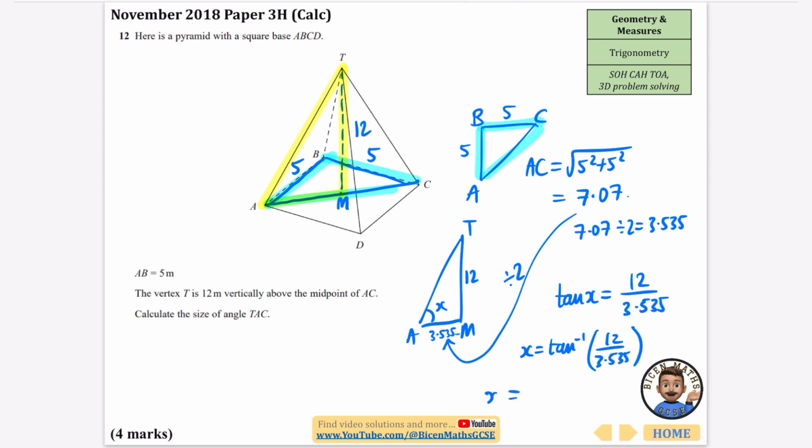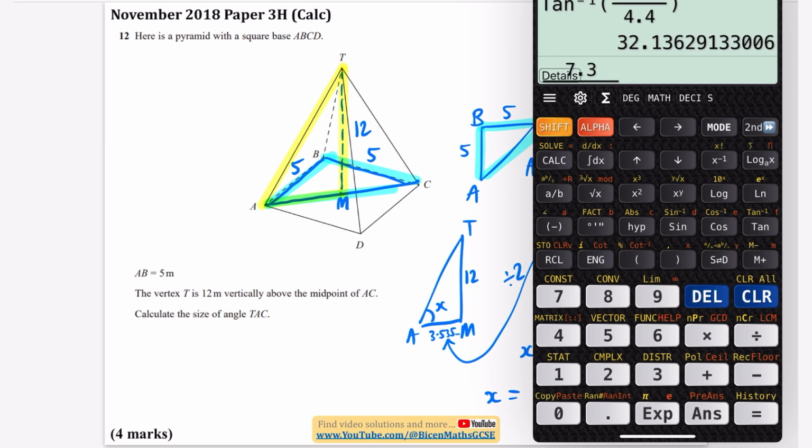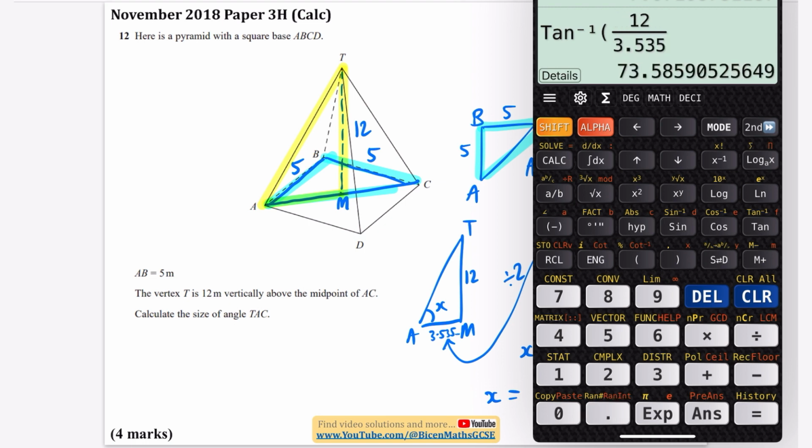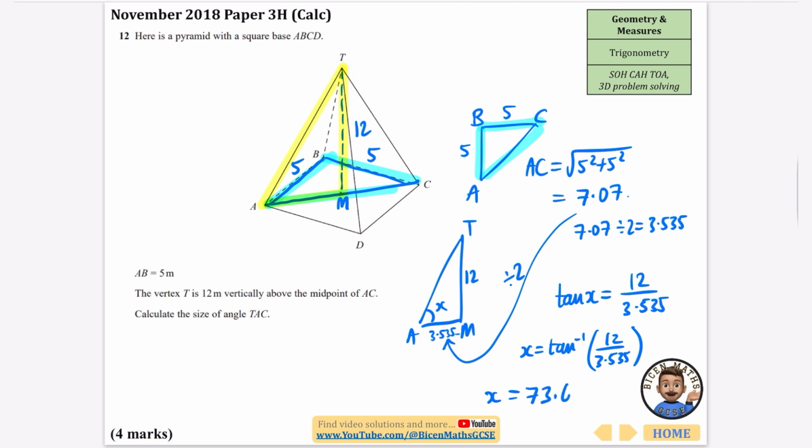Get it onto the calculator, and we're going to just do it to one decimal place. So the inverse tan of 12 over 3.535, and to one decimal place I'm going to say it is 73.6. So 73.6 degrees.